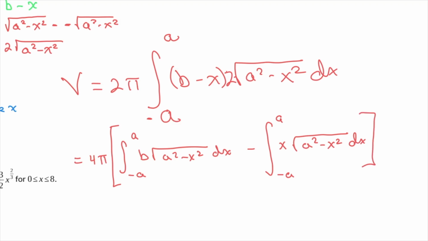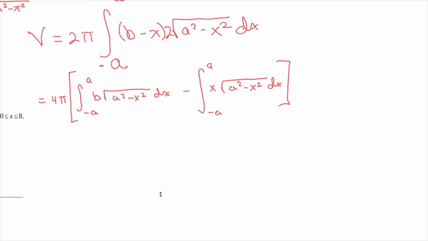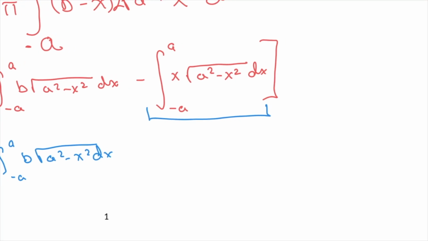Double check my algebra, make certain everything's working out well. Okay, so we're actually going to look at the right-hand side of this problem first. Let's keep our 4 pi, the integral from negative a to a, b times the square root of a squared minus x squared dx, and focus on what's happening on this right-hand side.